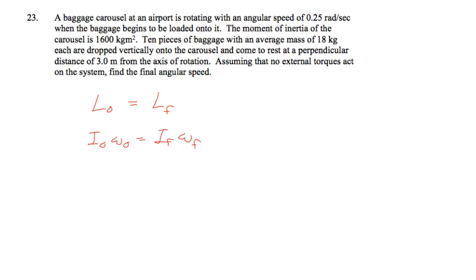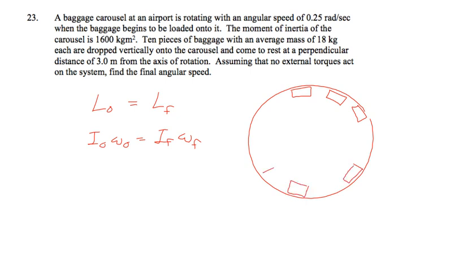Then it says 10 pieces of baggage with an average mass of 18 kilograms each are dropped vertically onto the carousel, so from above, and they come to rest at a perpendicular distance of 3 meters from the axis of rotation. So if I'm showing this from above, if this is the carousel, then we have all of these bags that are being dropped onto the carousel.